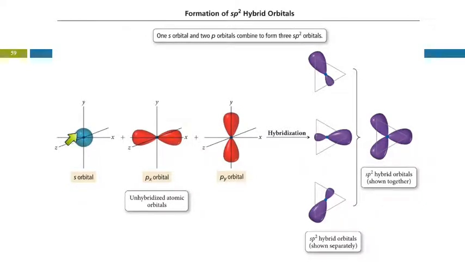We're taking different orbitals and hybridizing them, averaging them together, and so we still have 3 orbitals, but now they're all the same shape. They're all the same energy. They're going to spread out in space.